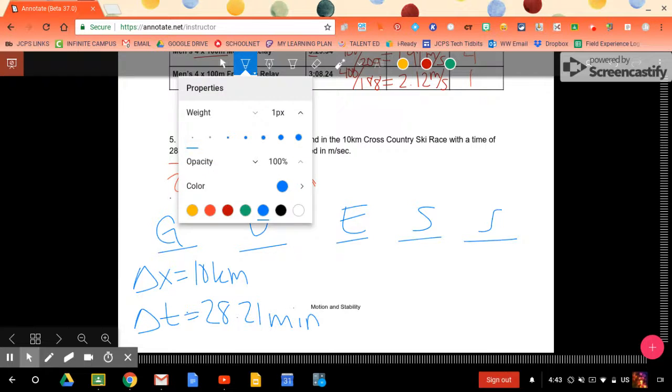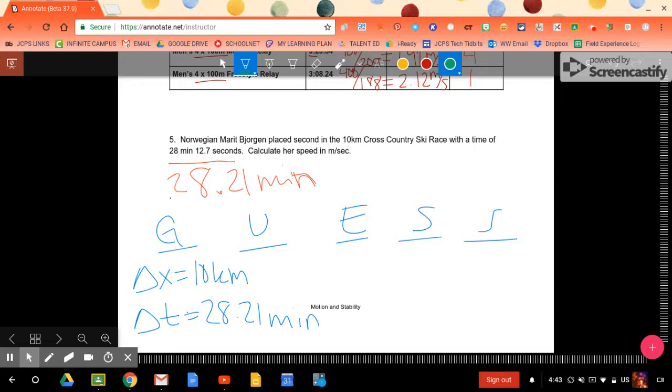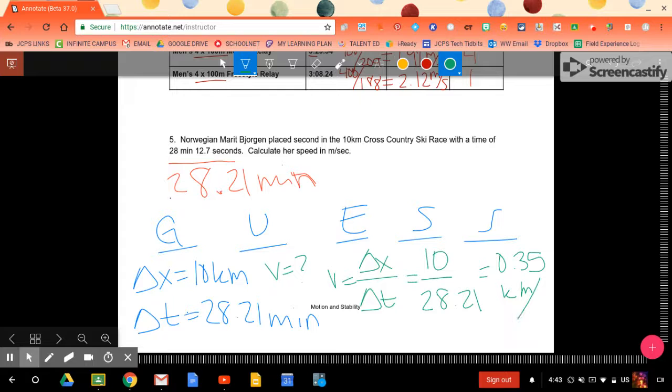So our unknown is our velocity. Our velocity equals our change in x over our change in t. Change in x is 10 divided by 28.21. You get 0.35, and your units are kilometers per minute. So that is your answer for that one. So that is his speed.